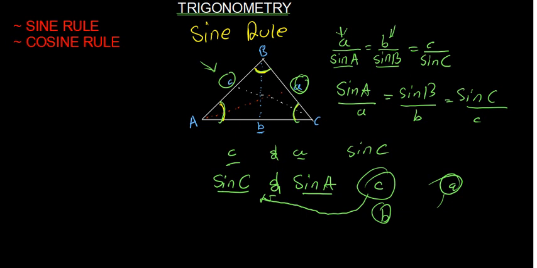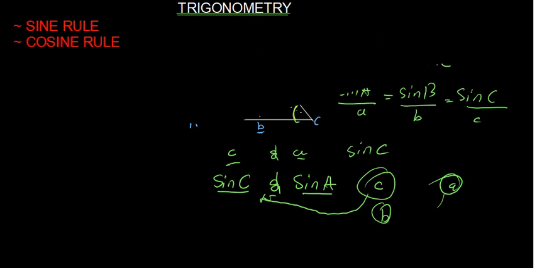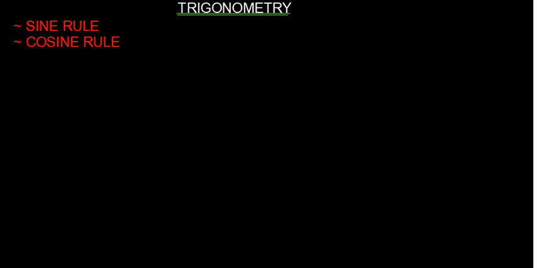Okay, so I believe that's all about the sine rule. We'll go to the cosine rule. For the cosine rule, it's a bit different. Just try to erase this part, so we'll really see the difference between the two, such that our work is going to be much easier as we solve questions.